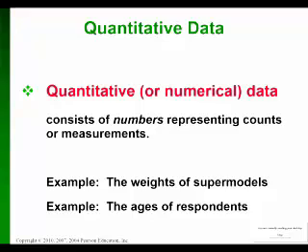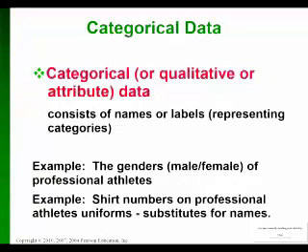Qualitative data is also known as categorical data. It's just names or labels which represent categories. The genders of professional athletes: you fall in the category male or female. Those aren't numbers, so that's not quantitative data. That's qualitative data. Shirt numbers on professional uniforms, those are numbers.